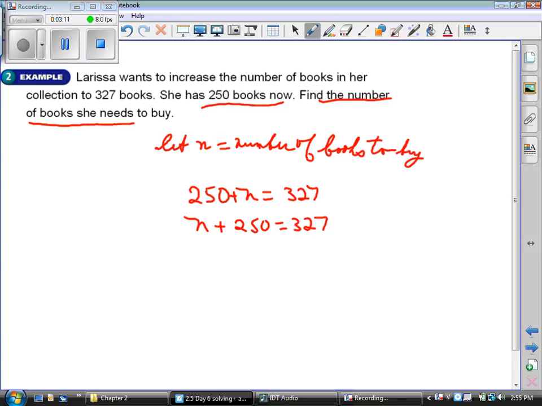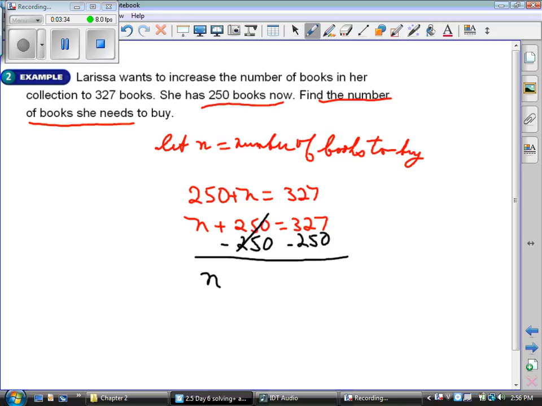Now, if you take a look, you can see that 250 is connected to the variable by addition. Therefore, to solve for the variable, I'm going to need to subtract 250 from both sides. Hence, minus 250 here, minus 250 here, giving me the answer n. This is a 0.